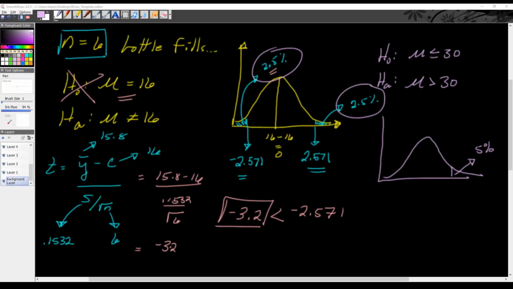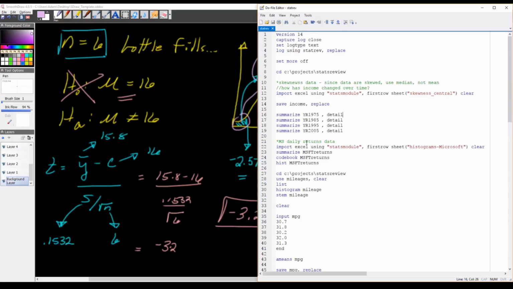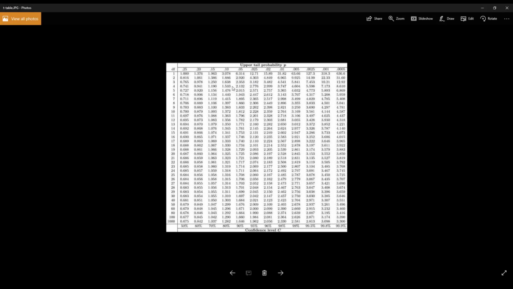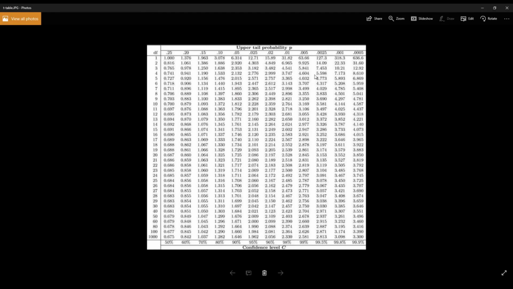That makes sense, right? I'm taking some of the percent from one side and putting it all on the other side, so my critical value is going to move to the left. Instead of 2.571, with 5 degrees of freedom, we get 2.015.